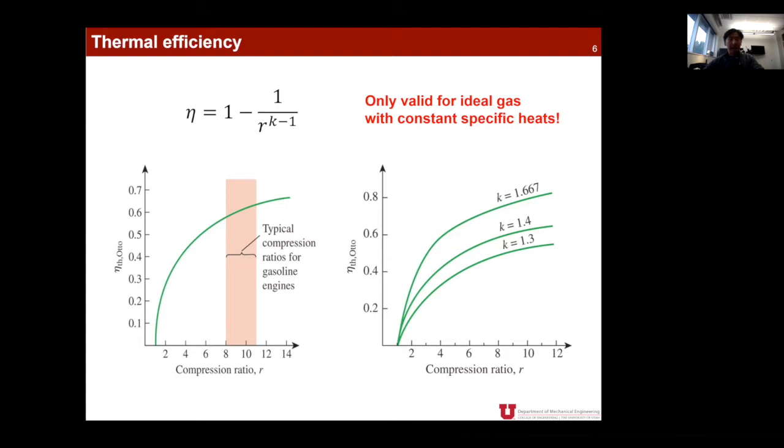And if you do it carefully to calculate the thermal efficiency in terms of symbols, then you have this equation for the ideal Otto cycle. You must remember, however, that this equation is only valid for the ideal gas with constant specific heat. Yes, we use this assumption.